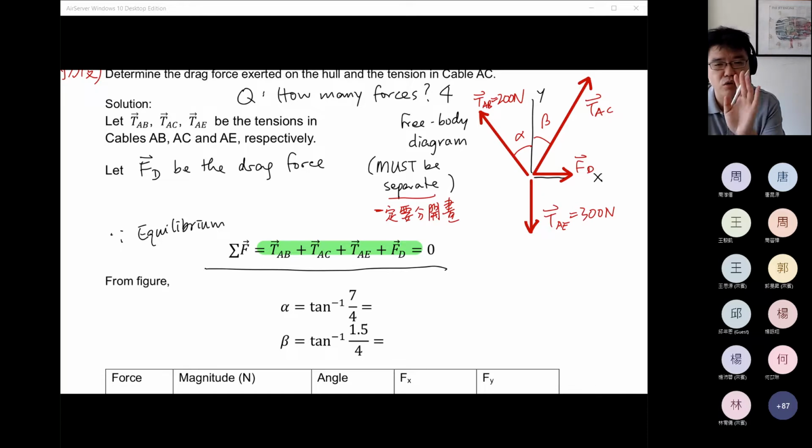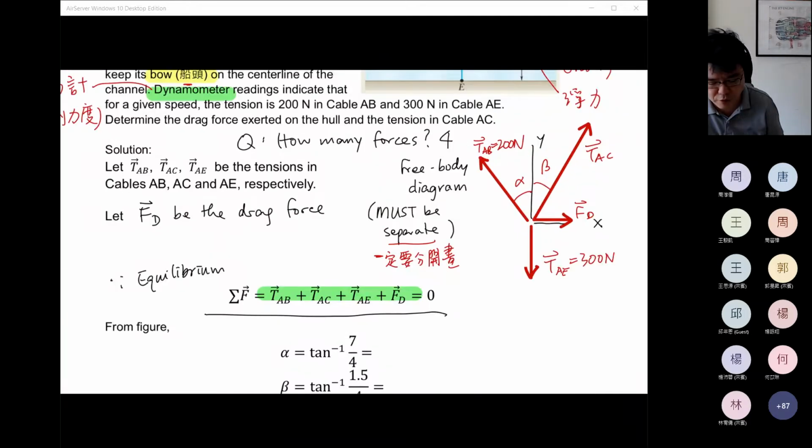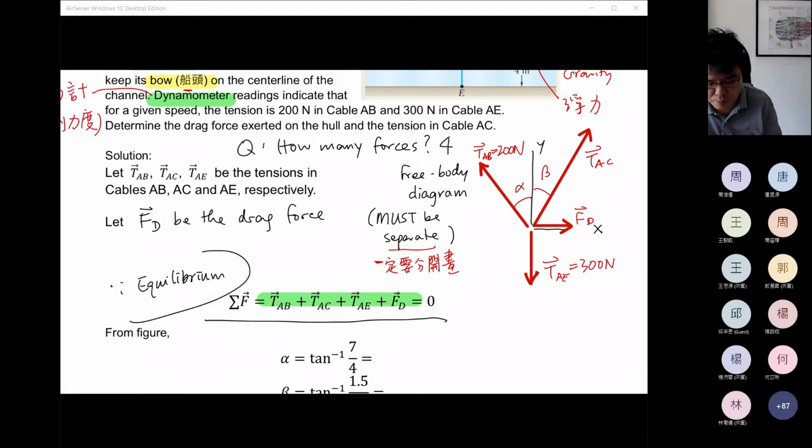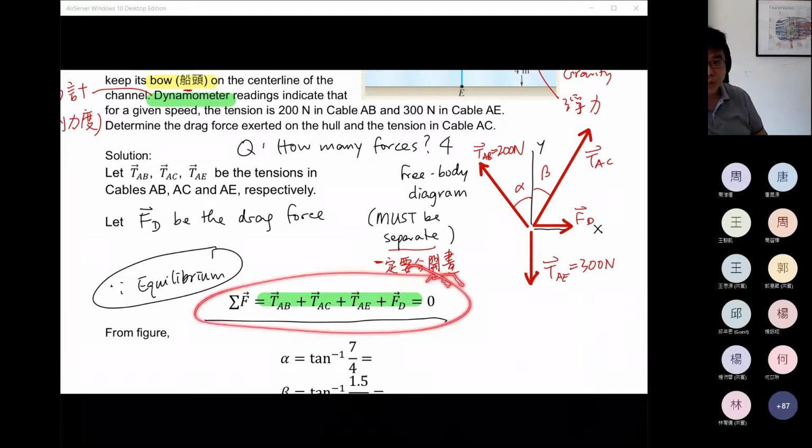It can be difficult, and you don't know how to work on it. But at least, if you know this problem is about equilibrium, write this expression down, and at least you can get some marks.